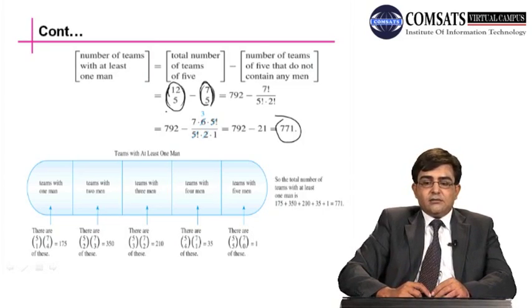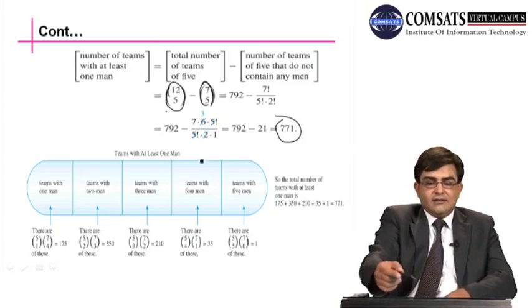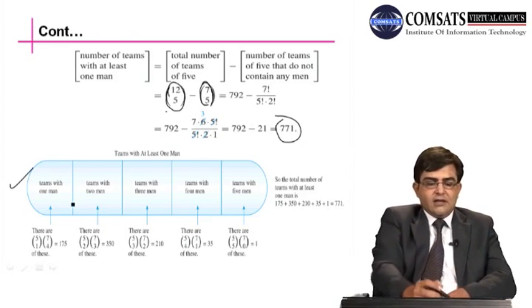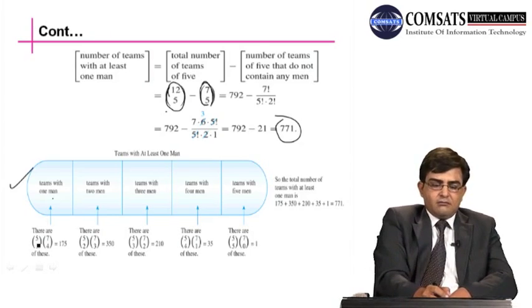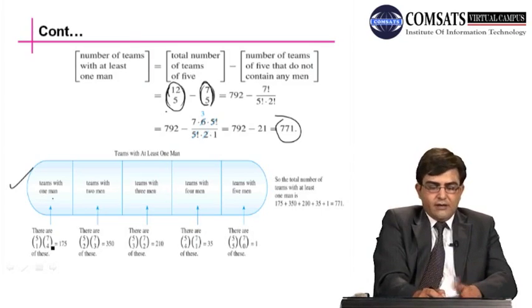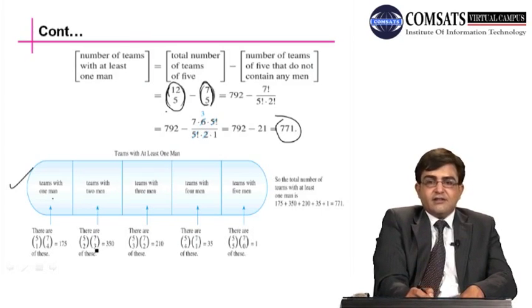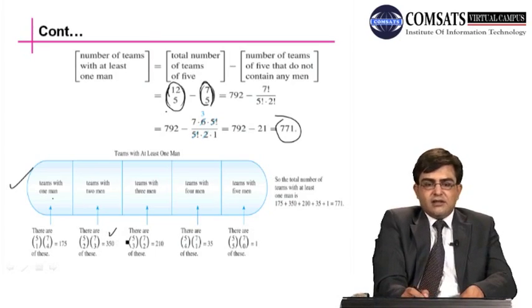We can see this in another way. Teams which contain 1 man are 5C1 times 7C4, because if 1 is a man, 4 must be women. The teams which contain 2 men are 5C2 times 7C3, which simplifies to 350.